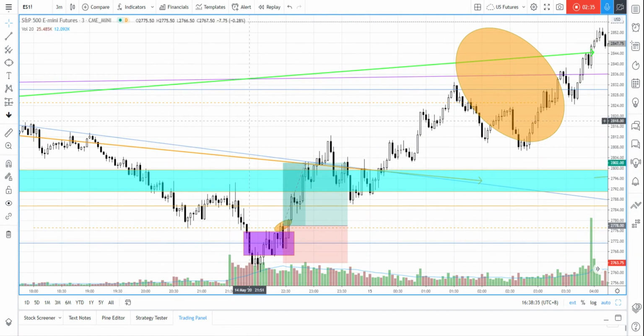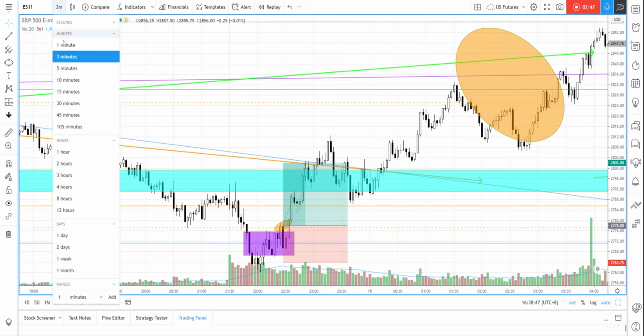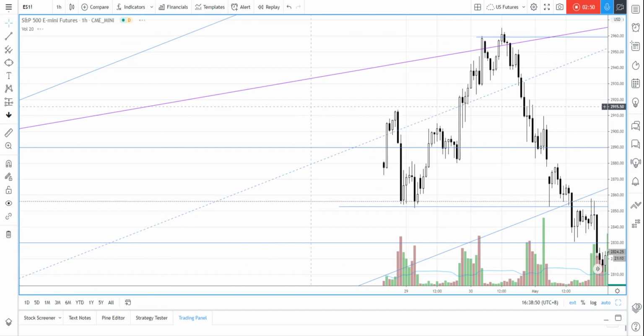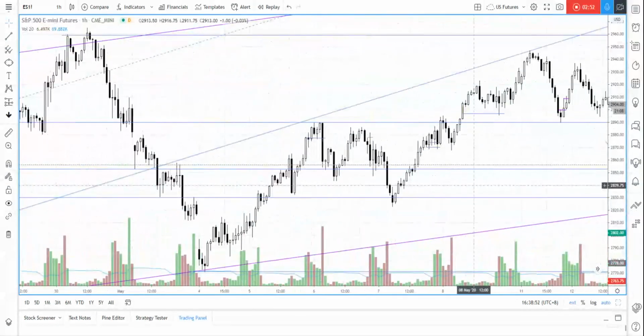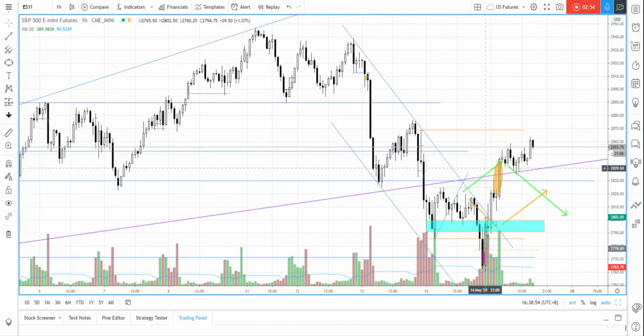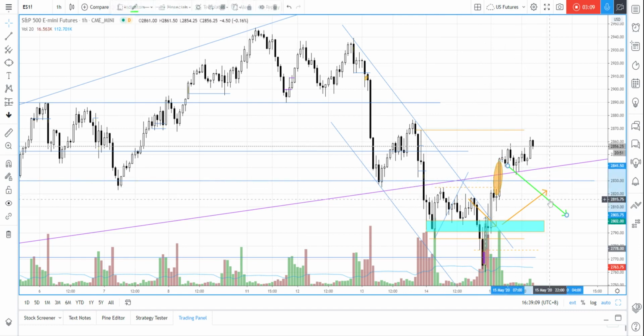As you can see in this M3 timeframe chart, I have highlighted a few things, but it's quite messy because I haven't deleted the arrow that I drew. In yesterday's video, I talked about a potential short setup if price tested the supply zone near 2840 or 2850, but it didn't actually happen. That was the green arrow. I will just delete that one.